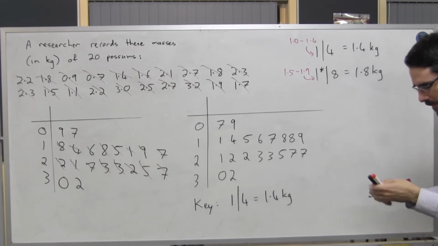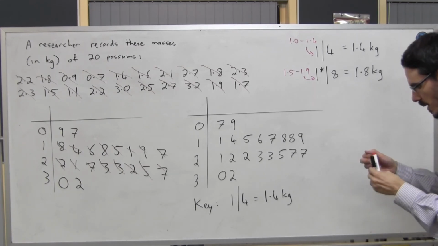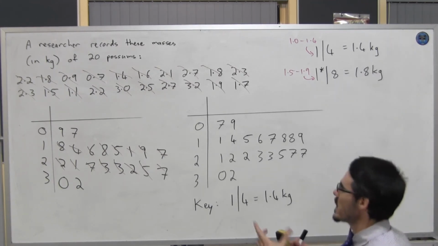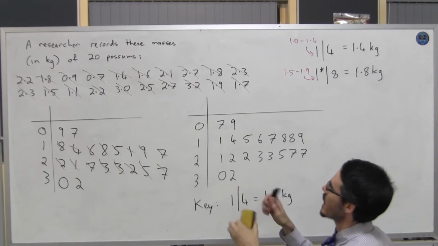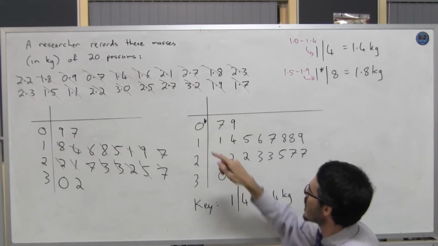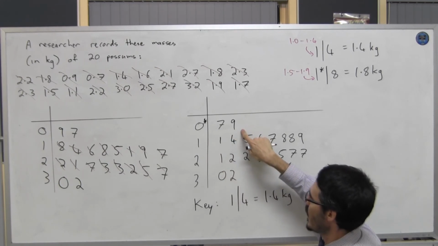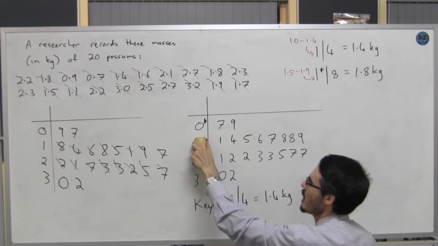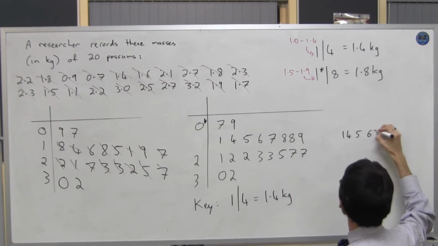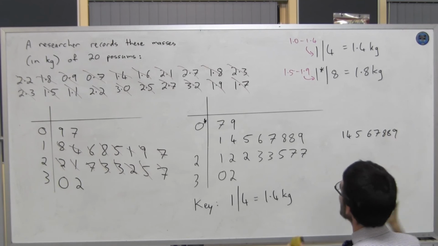Let's try. Alright, put those numbers away. So the 0 is going to be a 0 star row because they're all bigger. The 1 row is going to become, how am I going to do this? 1, 4, 5, 6, 7, 8, 9.